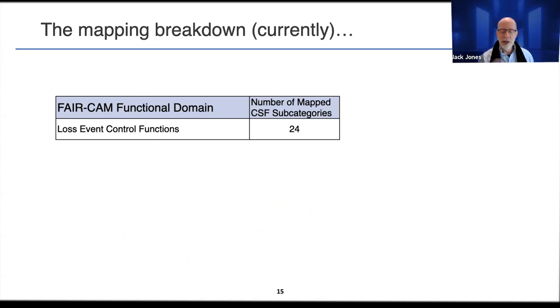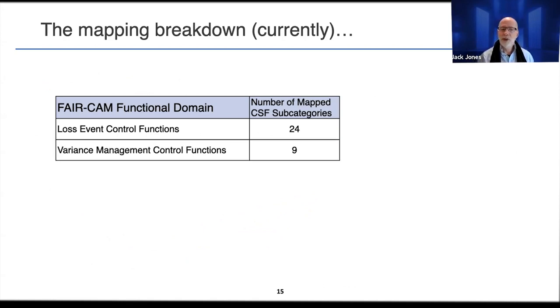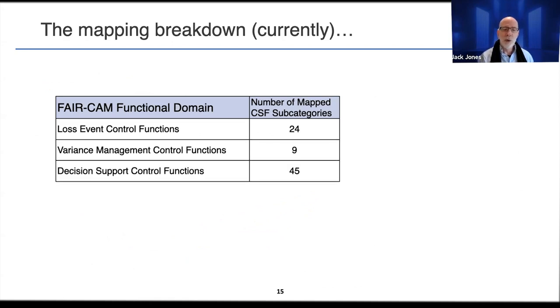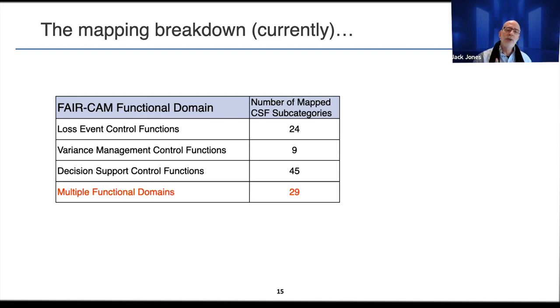And so the mapping breakdown, again, is based on the preliminary mapping that's been done, out of the 107 NIST CSF subcategories. Only 24, that's a little bit surprising, only 24 mapped specifically to loss event control functions, the things that directly affect the frequency or magnitude of loss. 9 mapped to variance management control functions. 45, again a little bit of a surprise, mapped to decision support control functions, and 29 mapped to multiple functions across the different domains.